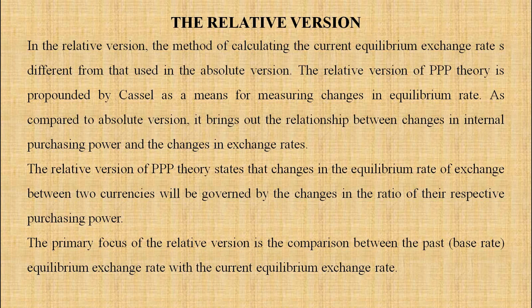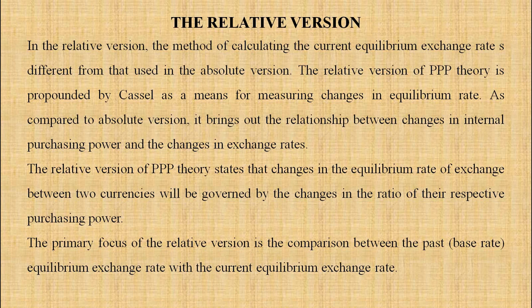As compared to the absolute version, it brings out the relationship between changes in internal purchasing power and changes in exchange rates. The relative version of Triple P theory states that changes in the equilibrium rate of exchange between two currencies will be governed by the changes in the ratio of their respective purchasing power.